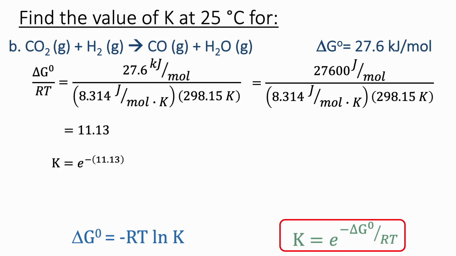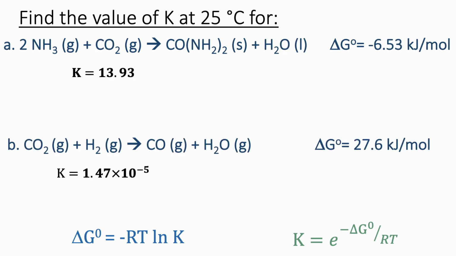So let's plug that into the equation for the equilibrium constant. We have e to the minus 11.13, and that gives us a pretty small number of 1.47 times 10 to the minus fifth. So now we can compare the two.